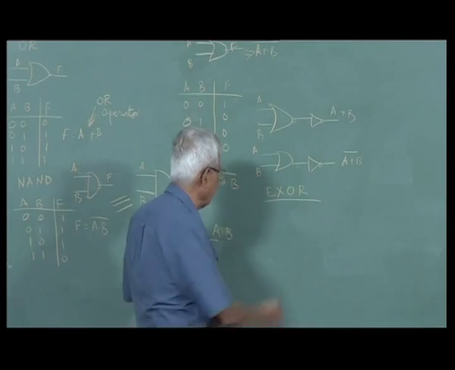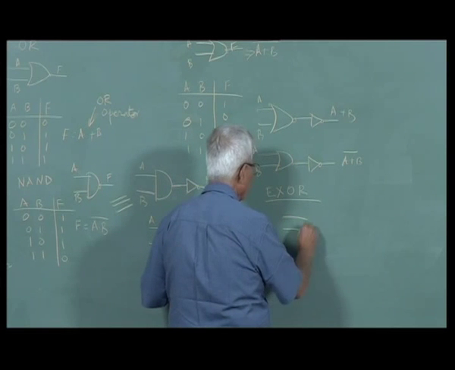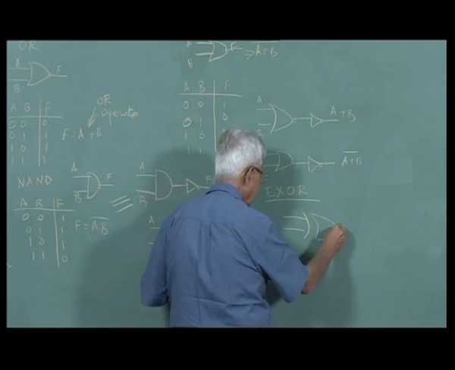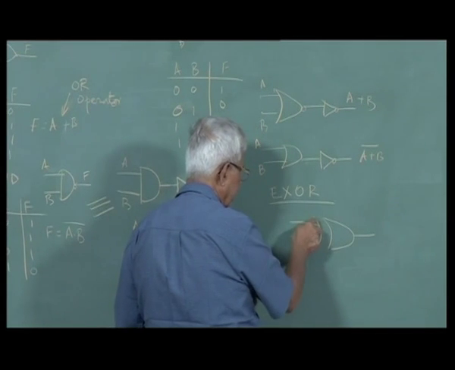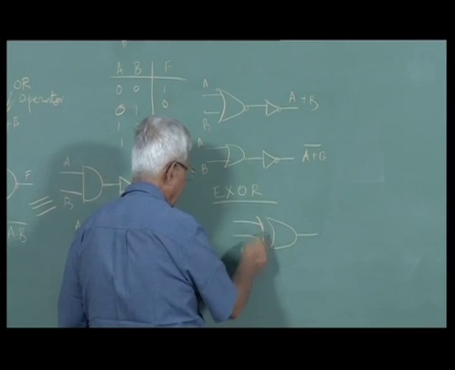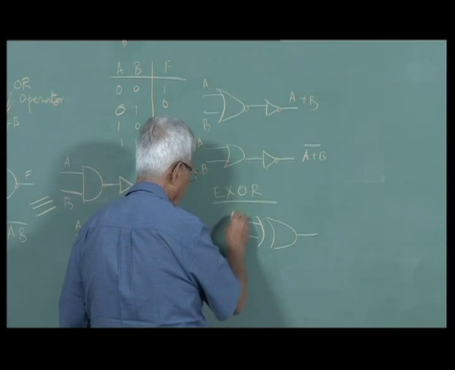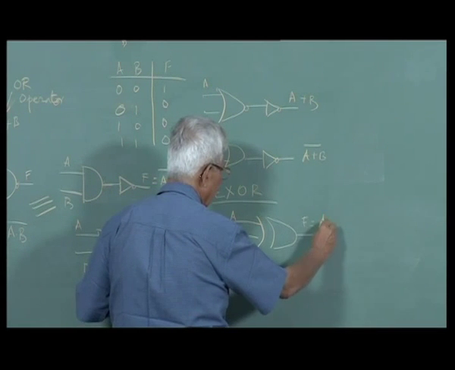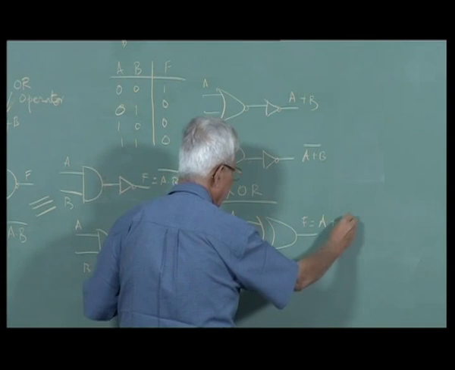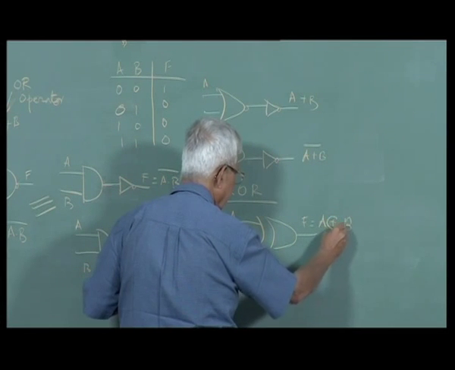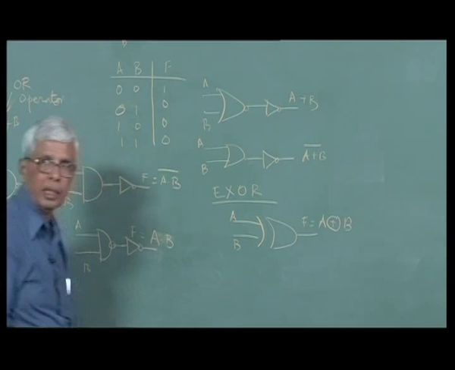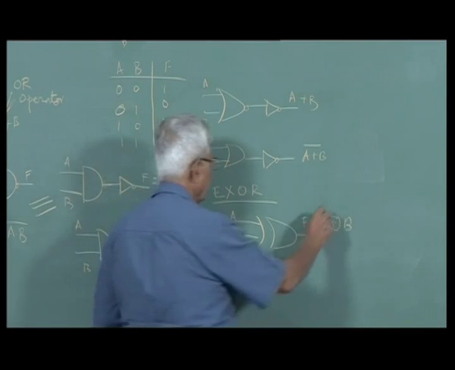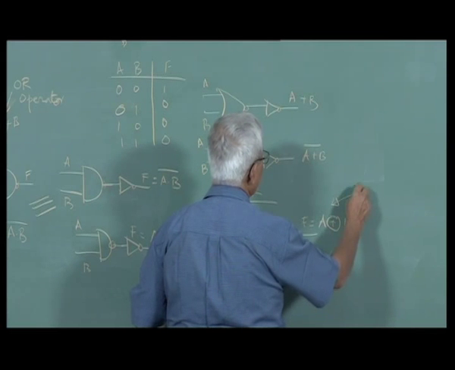That means it has two inputs, same as the OR symbol, with an extra arc and a gap. This F is written as A XOR B. The symbol is to put a circle around the OR symbol. This is called the exclusive OR operator.